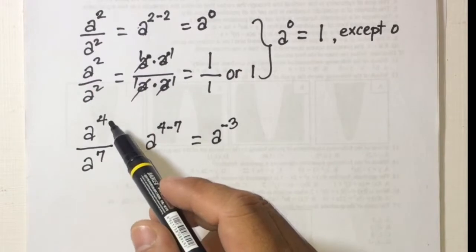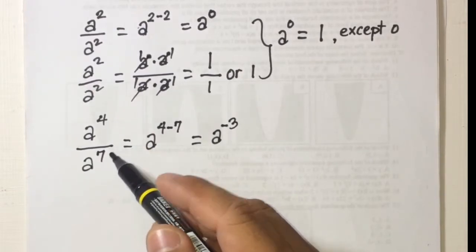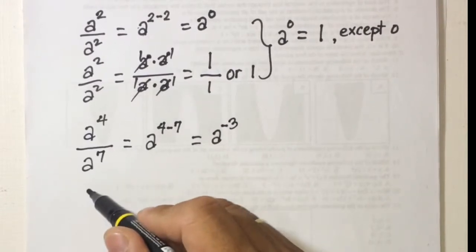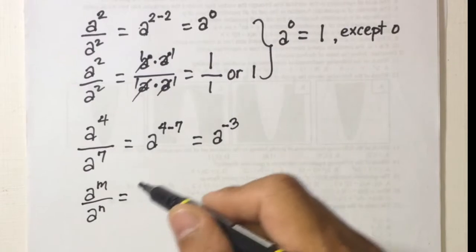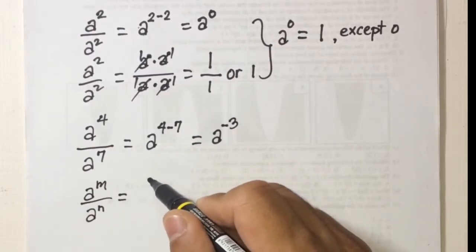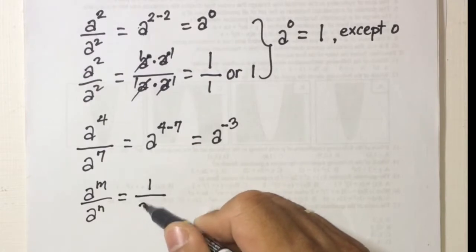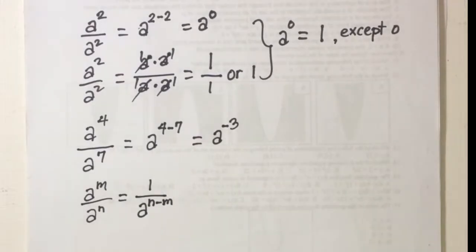The exponent of the numerator is lesser than the exponent of the denominator, then we can follow the second case in the quotient of powers. This is 1 over a to the power of n minus m. That is, if the exponent of the denominator is greater than the exponent of the numerator.